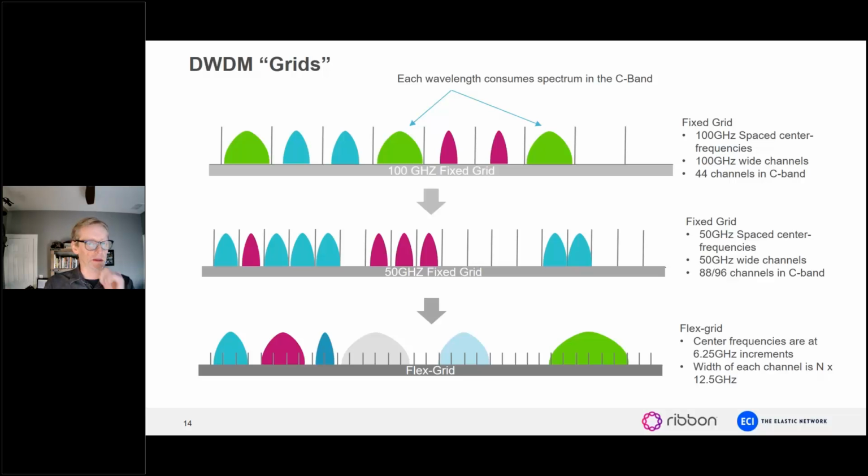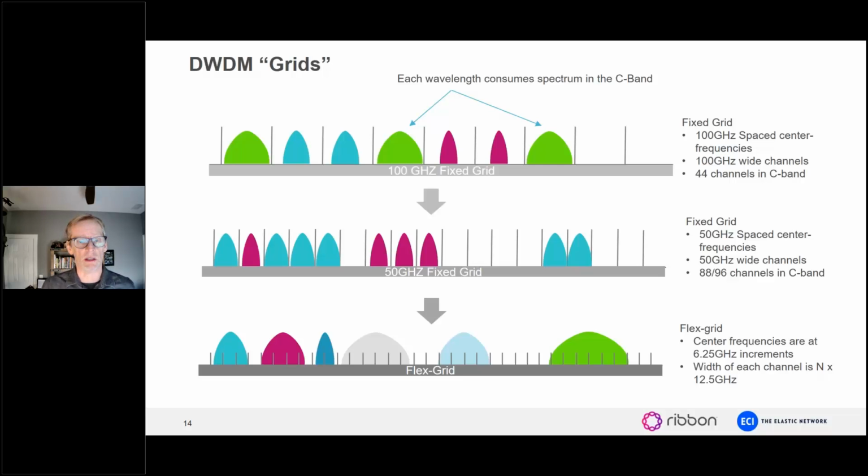The early systems were what are called fixed grid systems, with clearly defined 100 gigahertz boundaries. That's where you had to define the wavelength, and each wavelength that went down the fiber consumed that fixed amount of spectrum. The next advancement was moving to 50 gigahertz fixed grid systems, where the spacing was tighter and you could get even a higher speed channel in a smaller spectral slice.